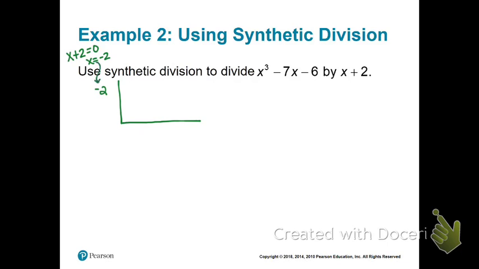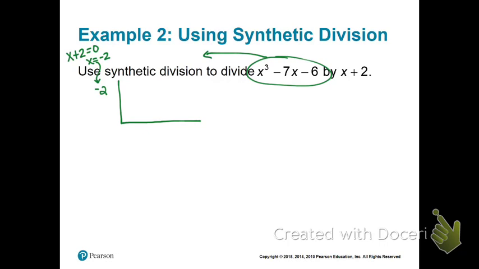The inside is going to be the coefficients of our x's in descending order, from the largest exponent to no x accounted for. So if I'm missing an x squared, I'm going to put a 0 there as a placeholder. I'm going to rewrite this problem up here above it, and then pull its coefficients.